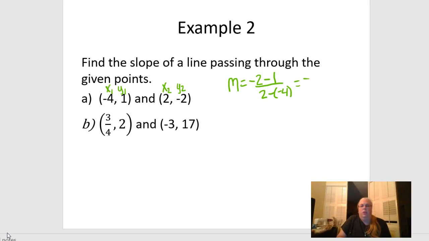Well, negative 2 minus 1, that's negative 3, and 2 minus negative 4, 2 negatives make a positive, that's going to give me 6, and when I reduce this fraction, I get negative 1/2.